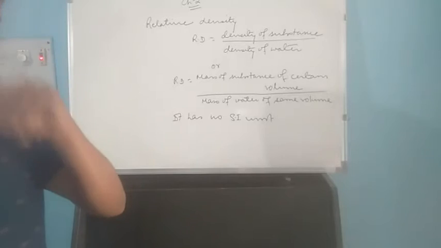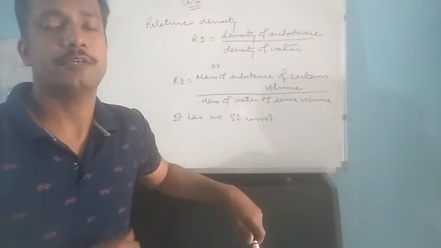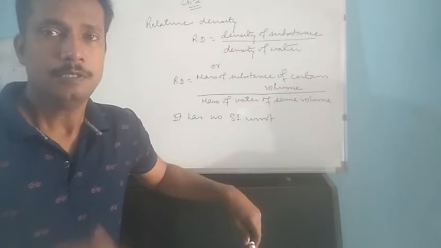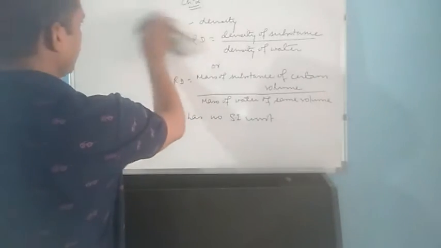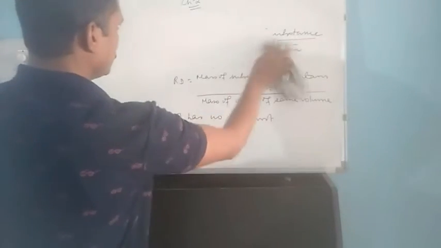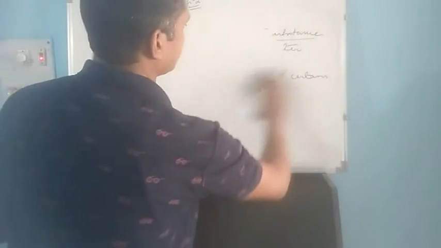Now we'll take one example to understand how we can determine the relative density of a liquid. We'll be using a density bottle to find the relative density of a liquid.